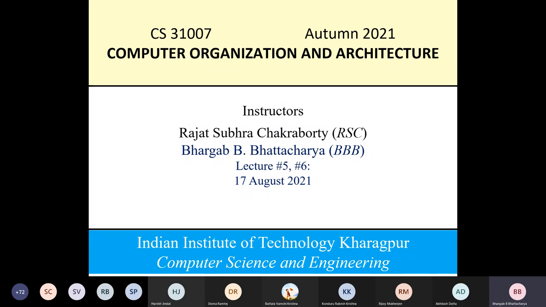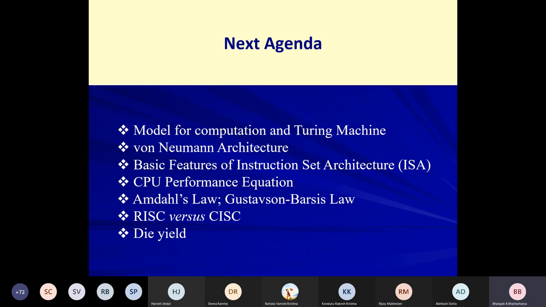So today we are going to discuss some more features of instruction set architecture, and we will also talk about some fundamental models of computation. Our agenda for the next two classes is something like this.